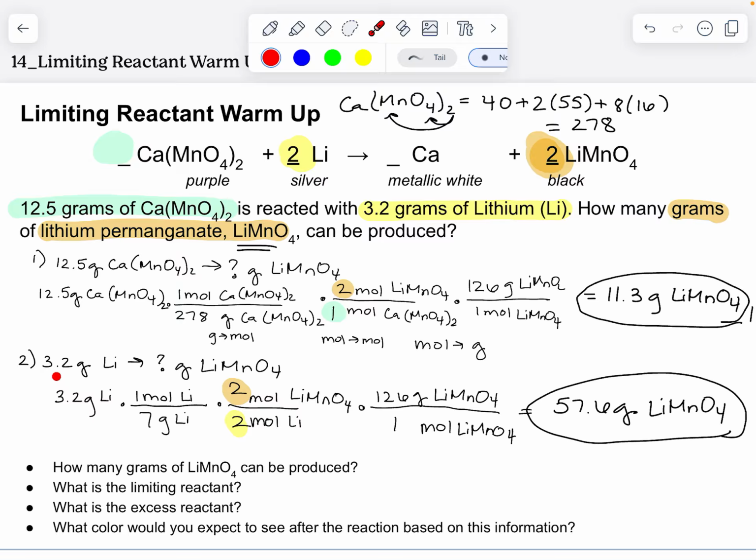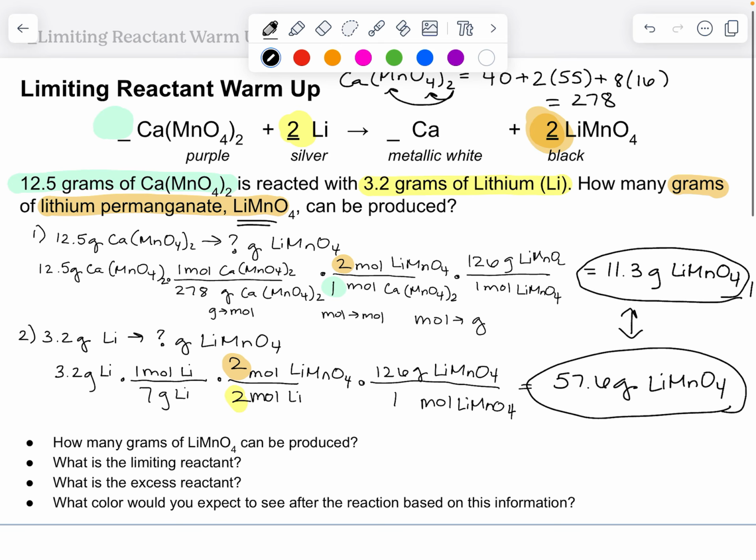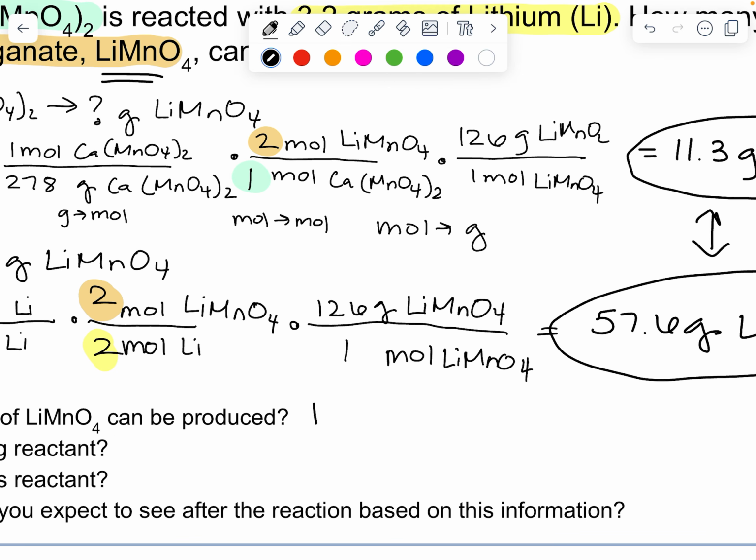My lithium, 3.2 grams, could produce 57.6 grams of product, while our calcium permanganate produces less, meaning that that is going to run out first. And once it runs out, it's not going to continue reacting. So how many grams can be produced? Whichever of our smaller 2 values, that's the maximum that can be produced. So 11.3 grams of lithium permanganate. That's the maximum amount that can be produced.